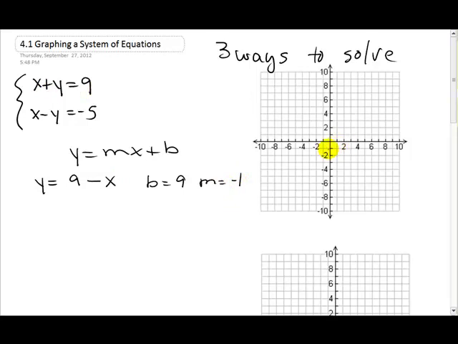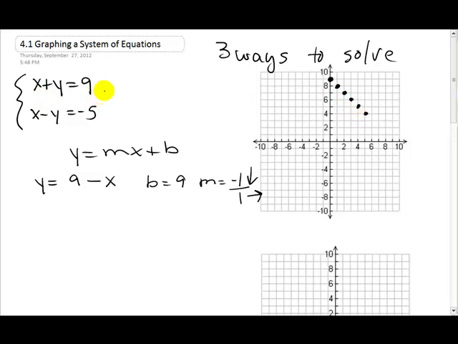So I'll go to the negative 1, to the 9, that's where I begin, and then my slope is negative 1 over 1, so that's down and to the right. So down and to the right 1, down and to the right 1. And we could just keep going with this, draw a line through all of that.